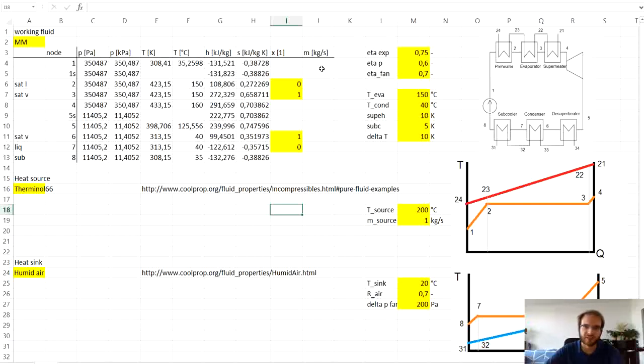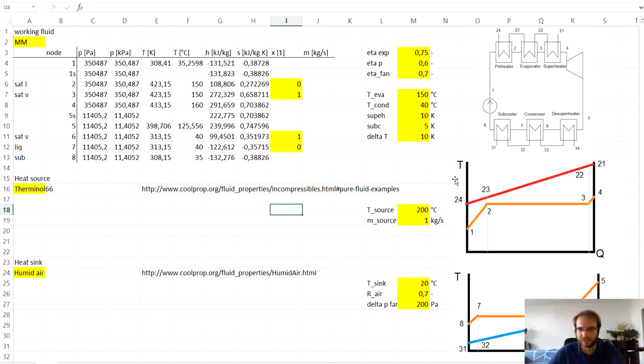Now we will calculate the mass flow rate of the working fluid in our organic Rankine cycle, so that we can utilize the heat from the heat source within the given boundary conditions and within the given limits.